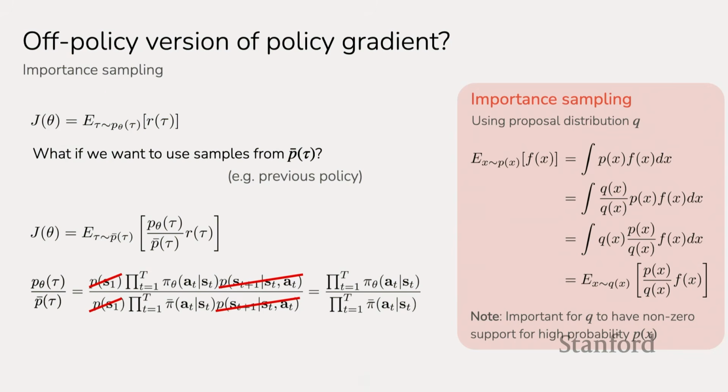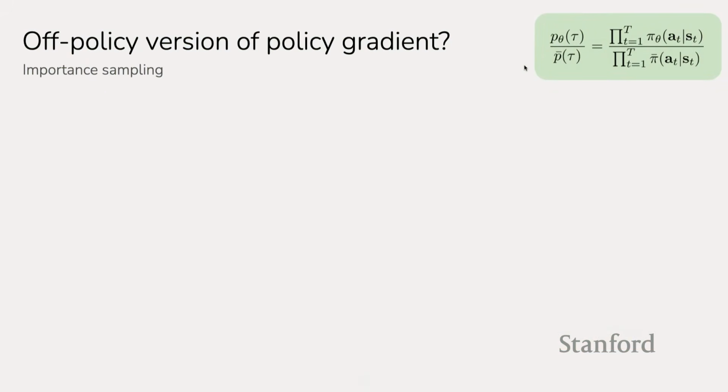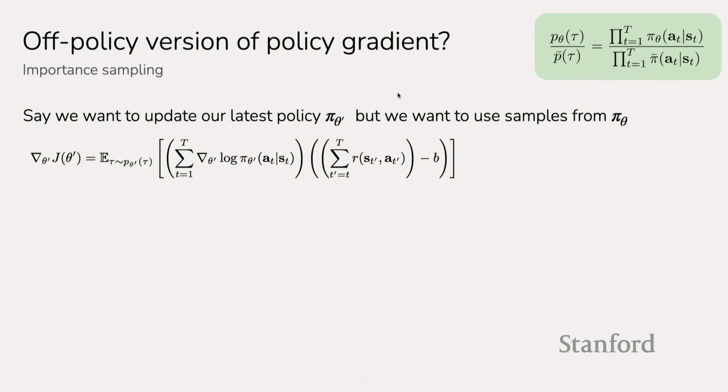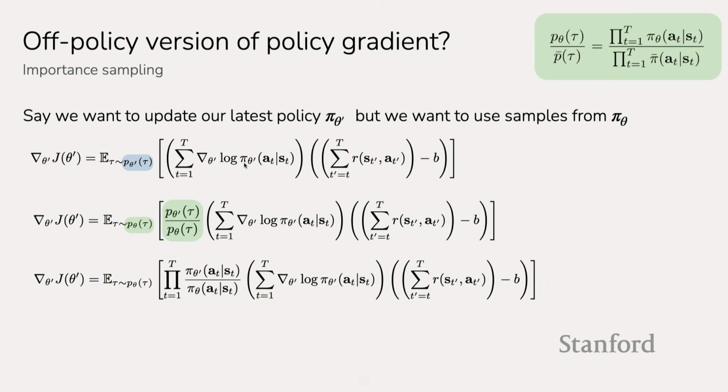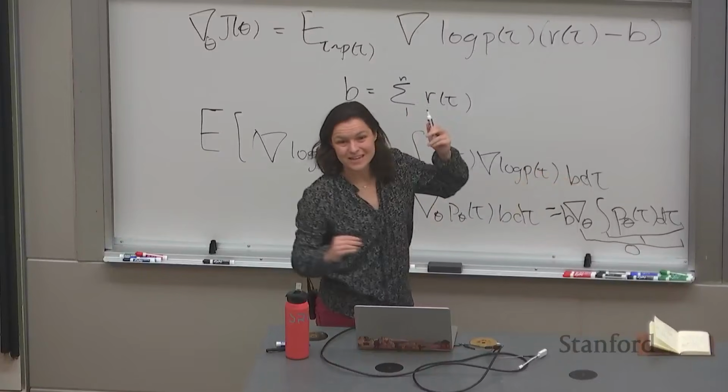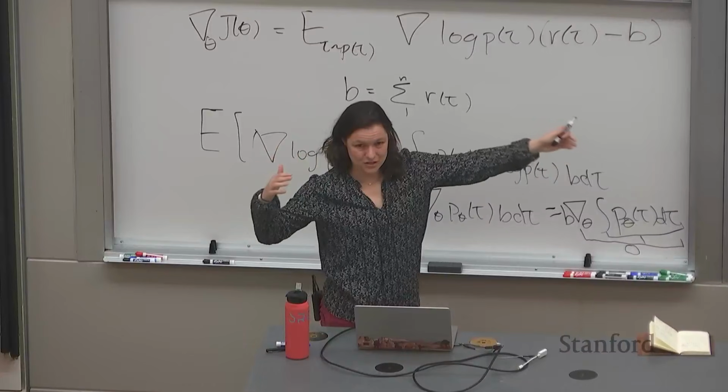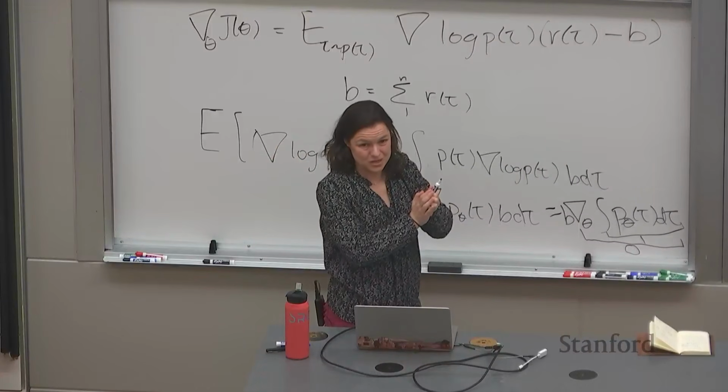But when we put these probabilities into our update, we get something like this, where we have this product of probability ratios. Unfortunately, this product can become very small or very large if the length of your trajectory is very large, because you're multiplying many, many numbers together. If you have 100 numbers that you're multiplying together, if they're above one, that might get very large. If they're below one, that might get to zero very quickly.